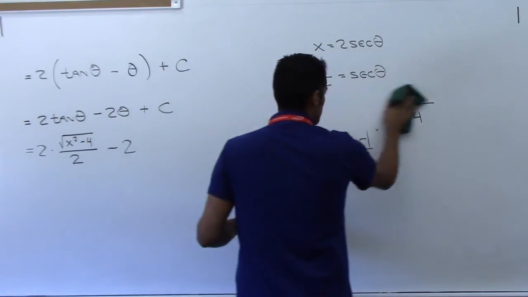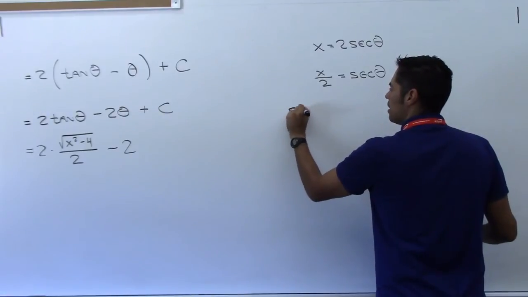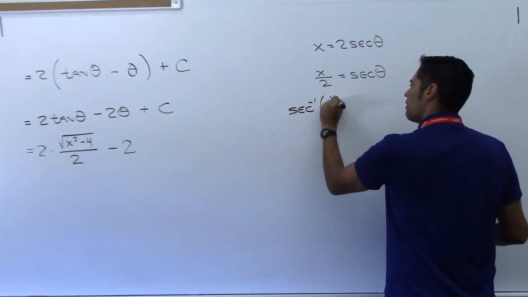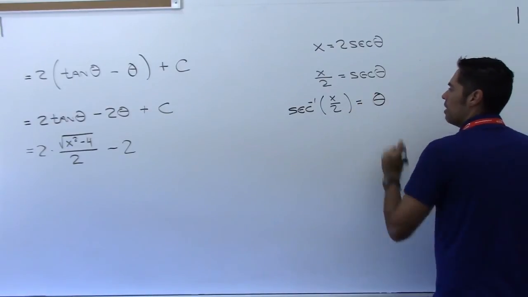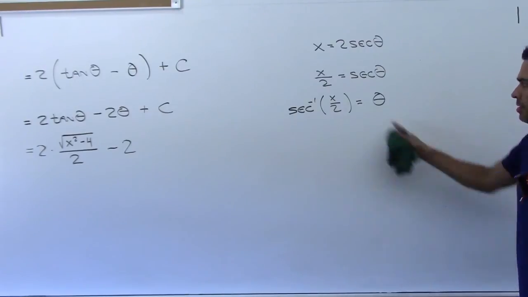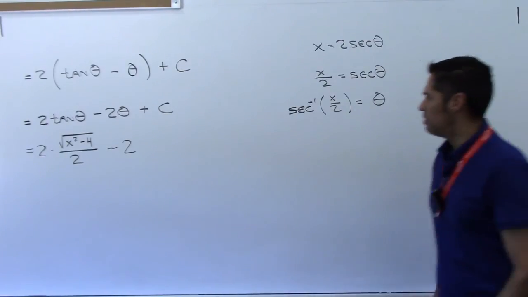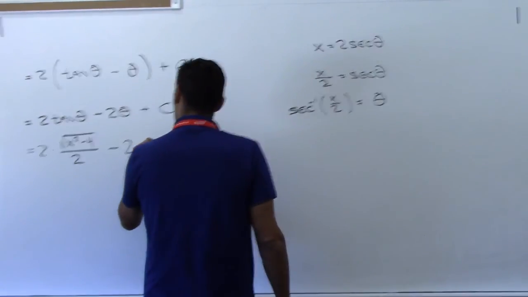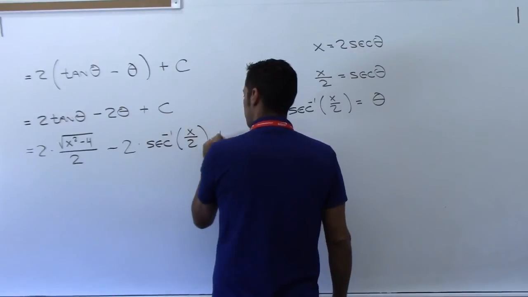So you're going to do arc secant or inverse secant on both sides. So if I take inverse secant on the left side, and I do inverse secant on the right side, it just gives me theta. And so that's what theta is in terms of x. So that's what I put here. Secant inverse x over 2 plus c.